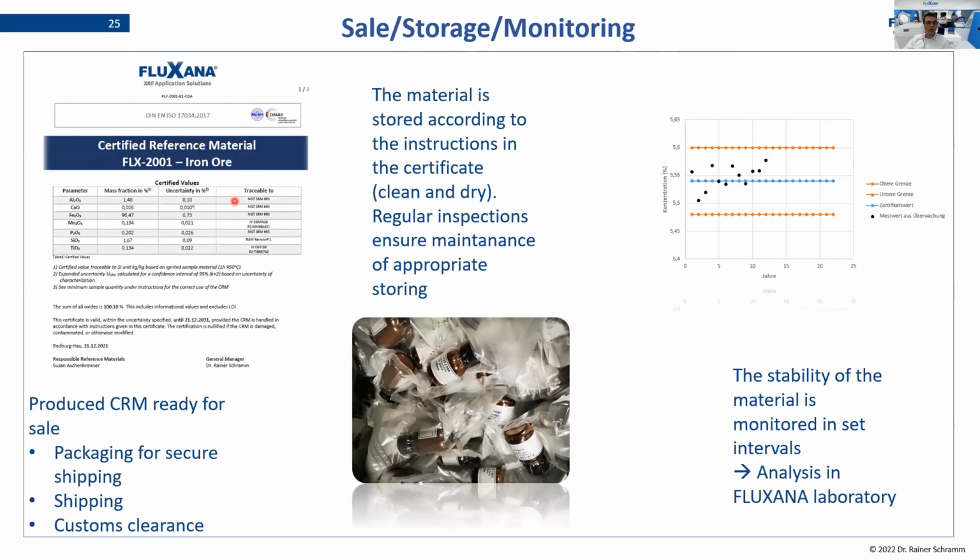Like in this case, you find that it's traceable to some NIST materials, or for example, to a BAM material, and so on. And of course, all the conditions for how this material has to be used, so that the characterized values are in correspondence.